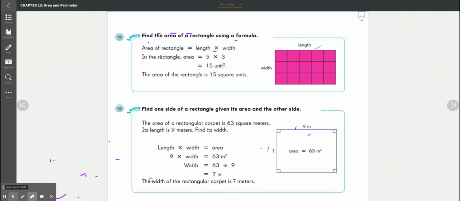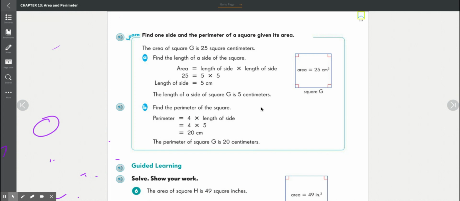All right, let's turn our page. Pause if you need to finish that. Now we're going to work with squares. If I'm given the area of a square, I'm going to find the side and the perimeter.